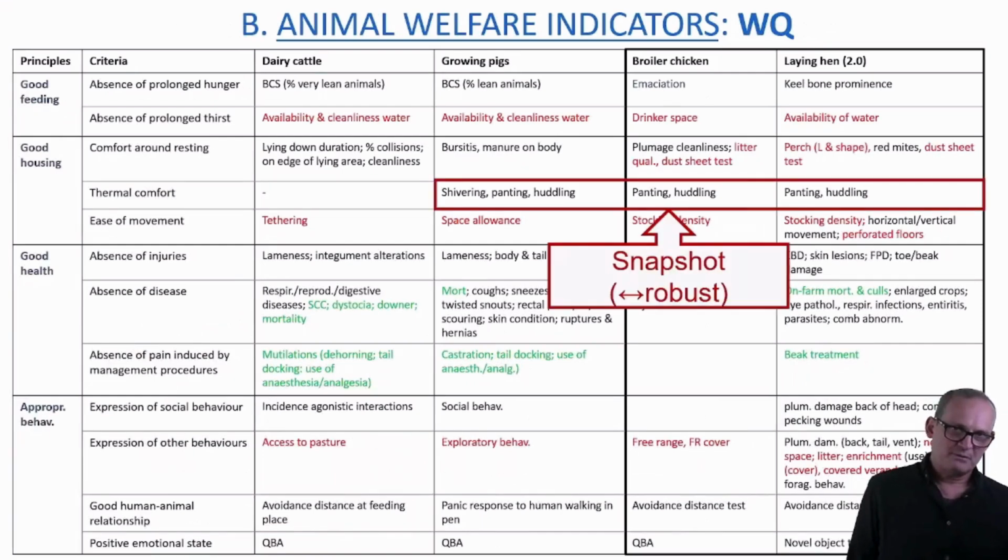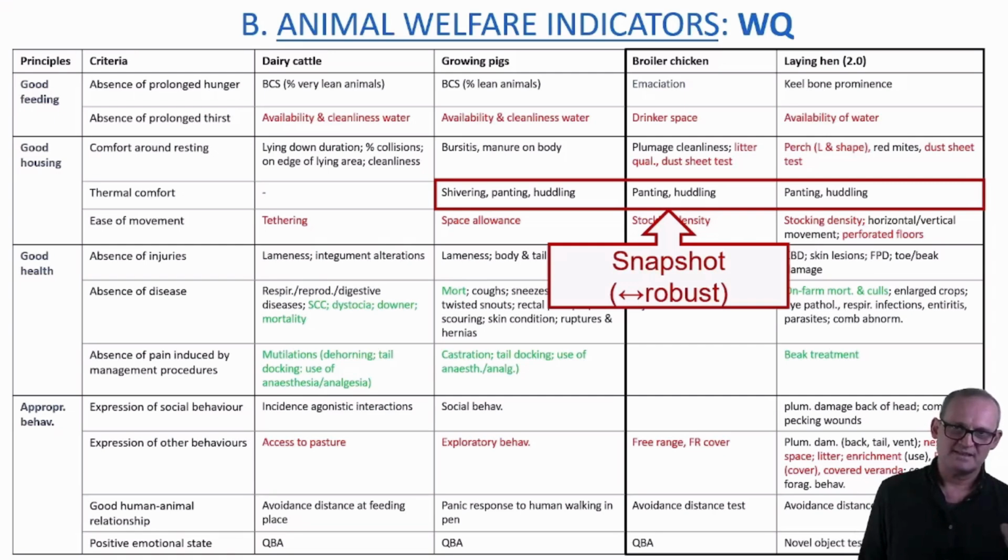Are there problems with the welfare indicators of Welfare Quality? Well, I already discussed a couple, but there are also some inconsistencies. Some indicators give information about this very moment in time when you're doing the assessment. So they give a snapshot and can't be considered robust indicators.